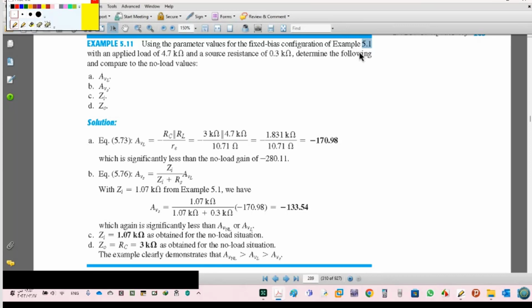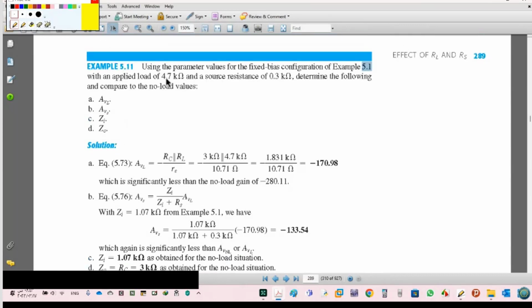Second, if I connect the load, it will differ from node to node. For example, here I have 4.7 kilo ohm. It may change to 200 kilo ohm, 300 kilo ohm, based on the question. So if I increase the load, that means AV will decrease based on this one, sorry, RL.